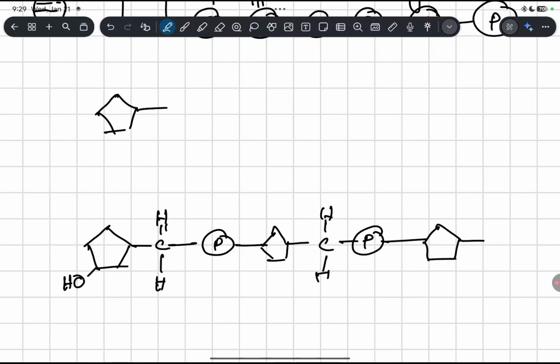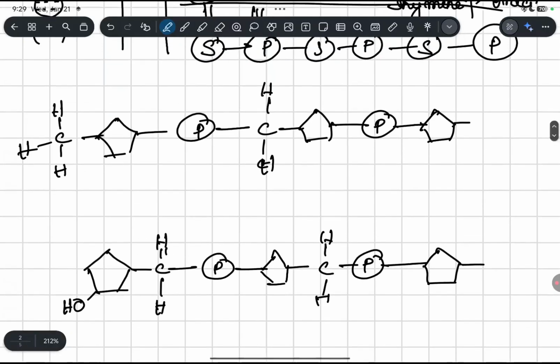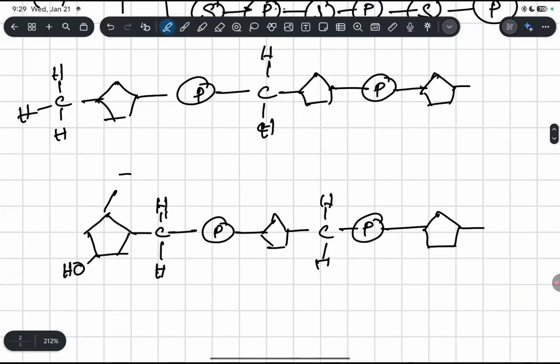Here there will be a phosphate molecule, right? So it will be present like this, and here the nitrogenous base will be present. For example, if there is thymine, here if there is, suppose, adenine, right?